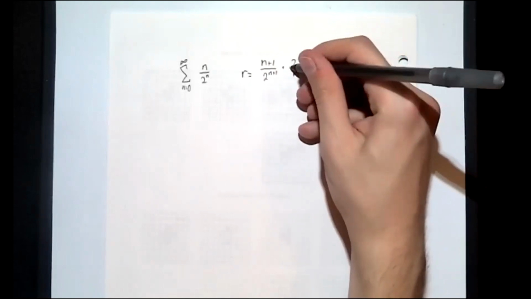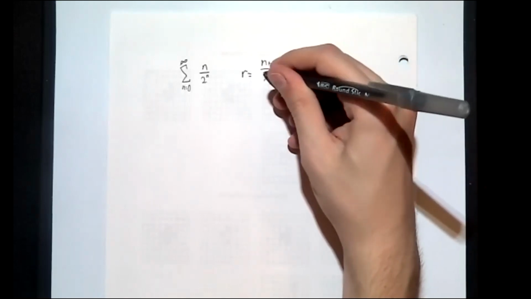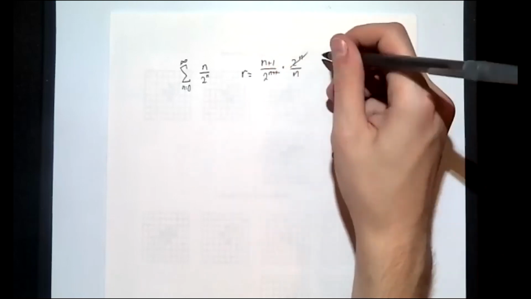All we do is say 2 to the n cancels, so we're just left with 2. And then we have n and n plus 1, so we have the limit, I forgot to write the limit, of n plus 1 over n times 1/2.